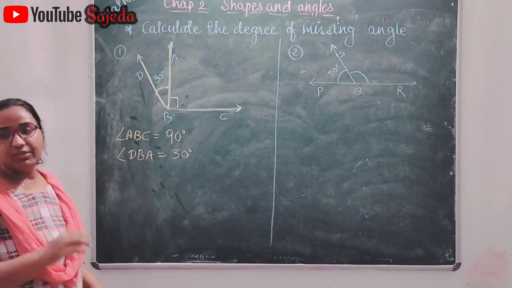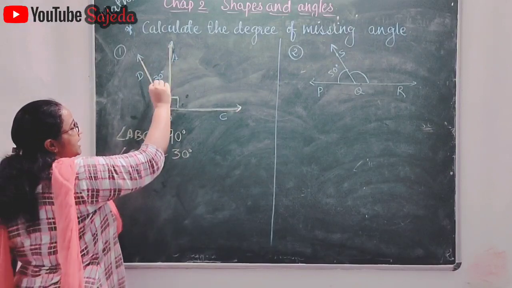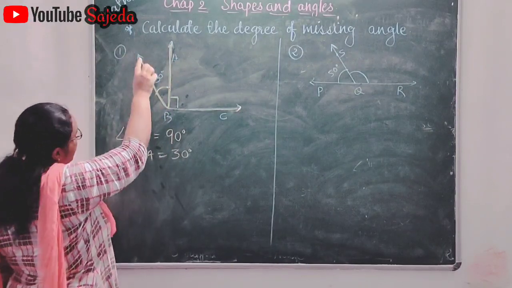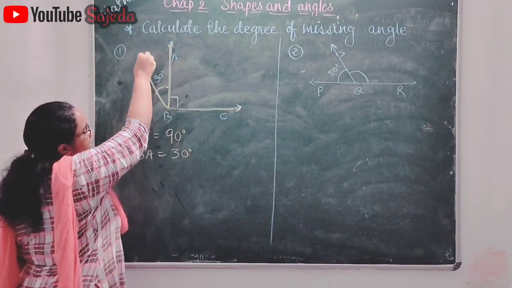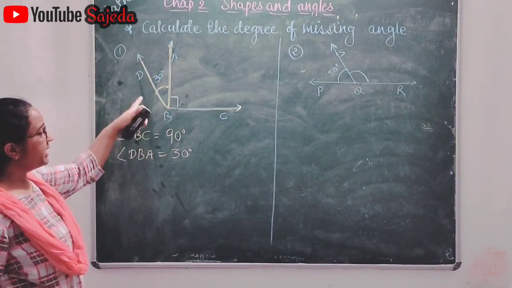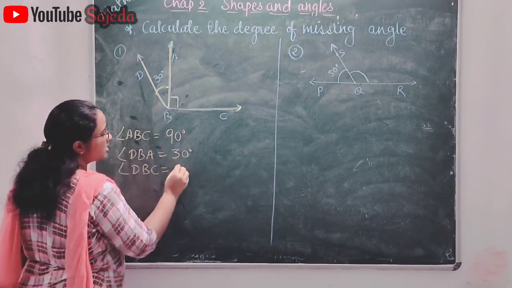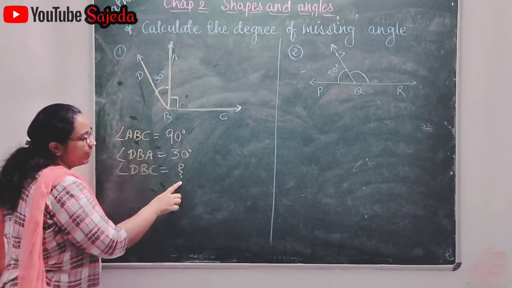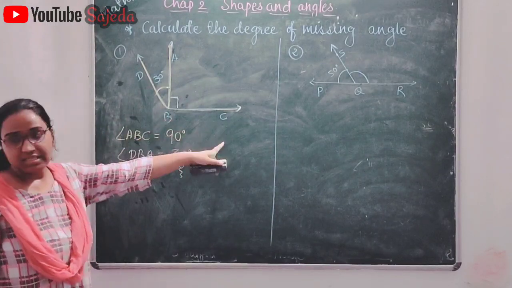Now which angle do we have to find out? Which angle is missing? You can see here that another angle is here, angle DBC, the biggest angle, and its measurement is not given. So here we have to find out the degree of this angle DBC.